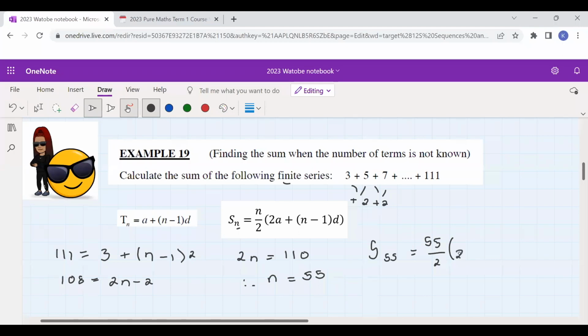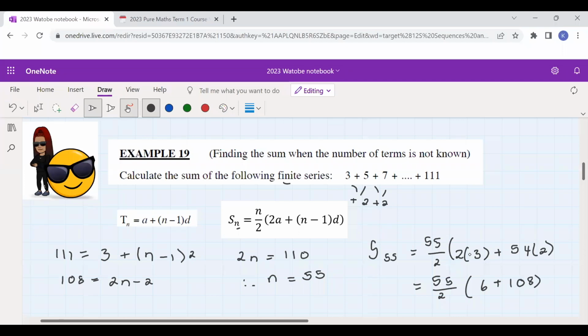What was the first term? I can't even see because I have stuff in the way. Here we go. First term is 3. So 2 times 3 plus n minus 1, which is 54, times 2, is equal to 55 over 2. 6 plus 108.